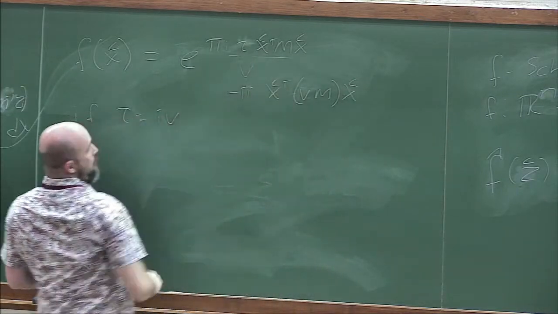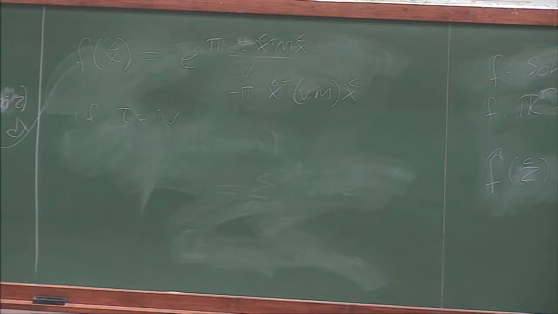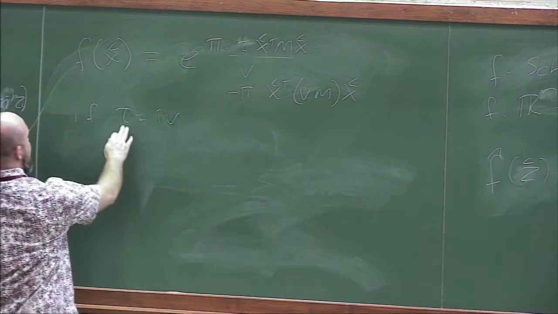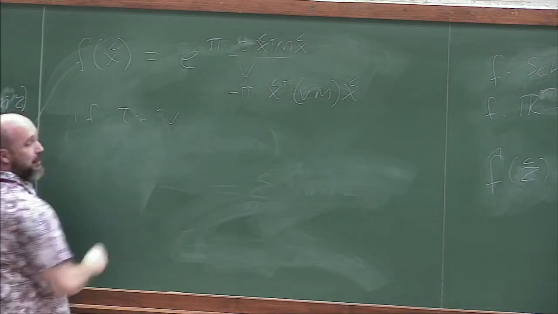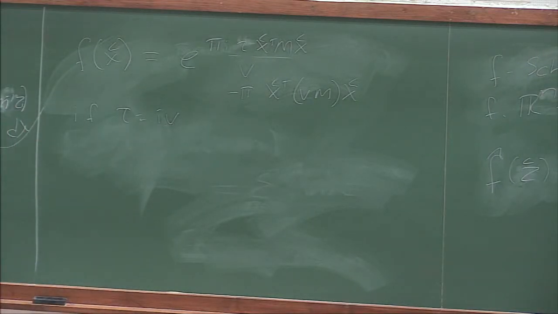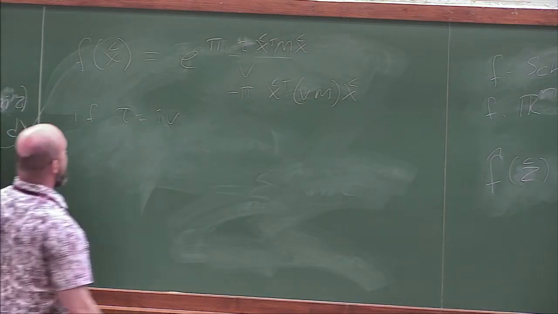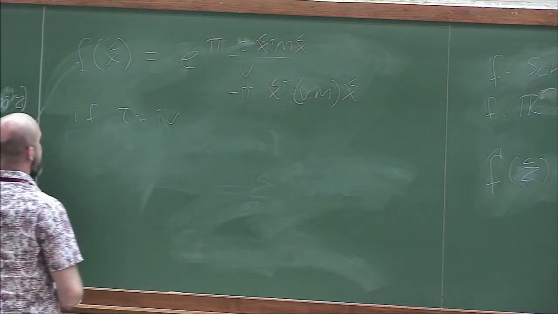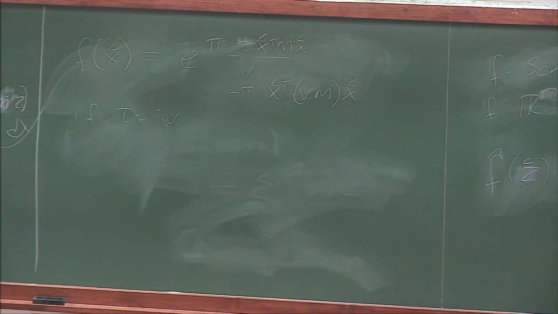So that works perfectly fine if I do something like that, and then being able to extend tau to not purely imaginary is sort of a holomorphic variation of this initial Fourier transform. So we're going to look at expressions of this form.